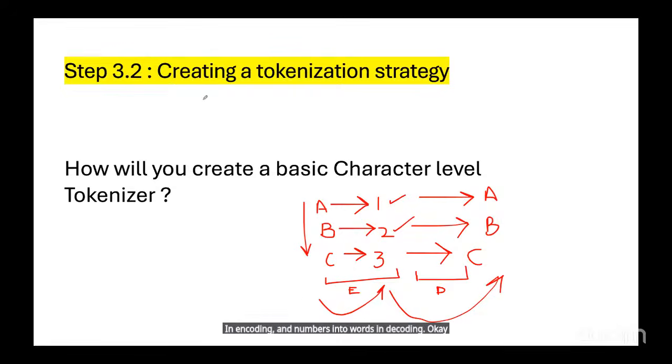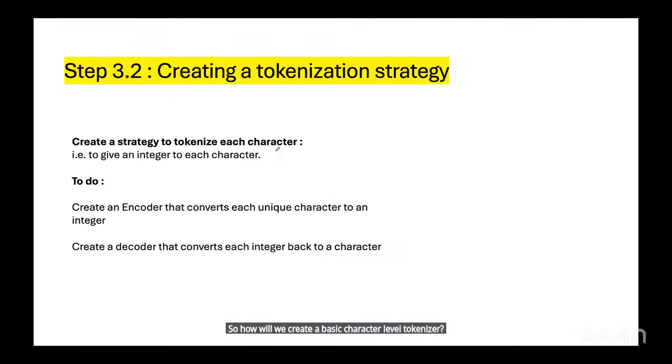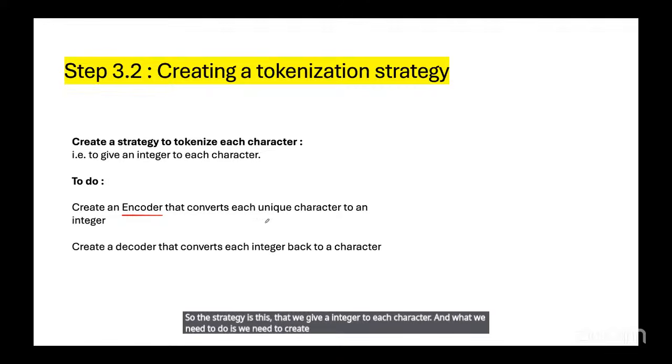So how will we create a basic character-level tokenizer? The strategy is that we give an integer to each character. We create an encoder that converts each unique character to an integer, and then we create a decoder that converts each integer back to a character.